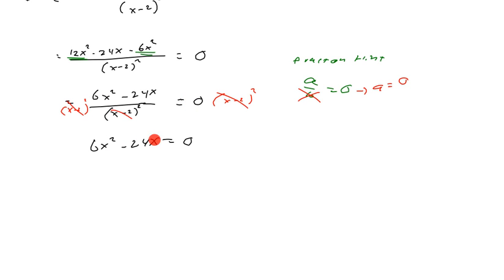And so now, like we did with sine and cosine, we're going to do some factoring. I'm going to factor out the 6 and the x. So I'm going to get 6x times (x minus 4) equals 0.